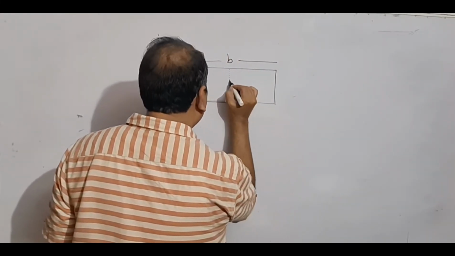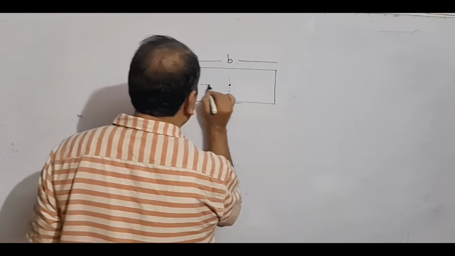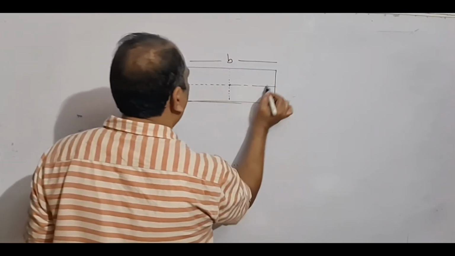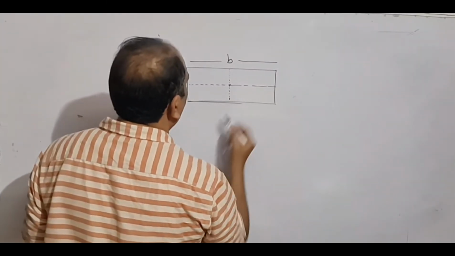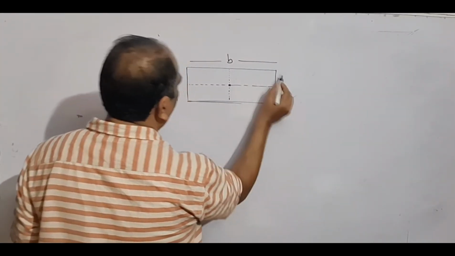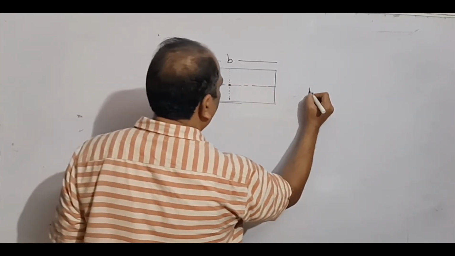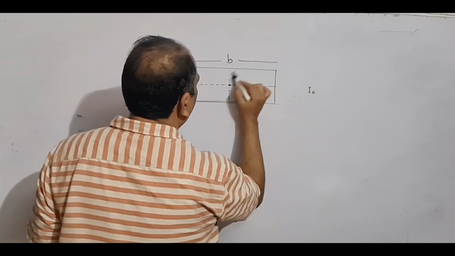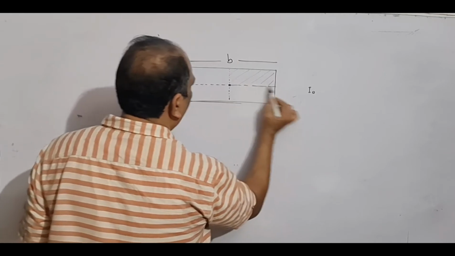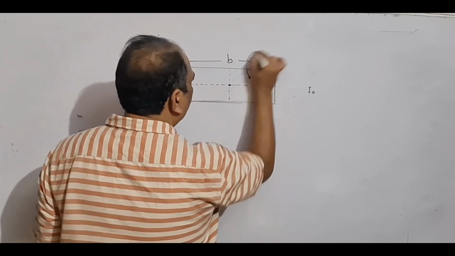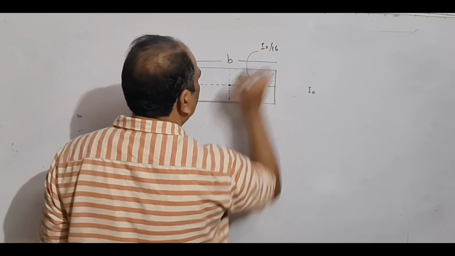Now again divide this into 4 equal parts. Each subpart is of the same shape, and suppose the moment of inertia of this total rectangular plate is I0, then the moment of inertia of one subpart about its center will be I0 by 16.